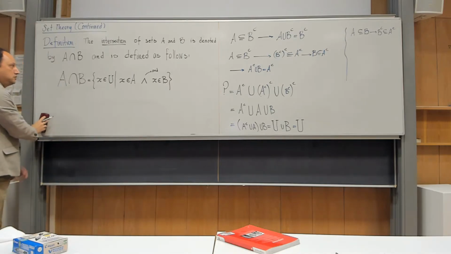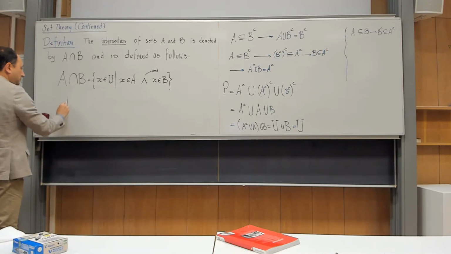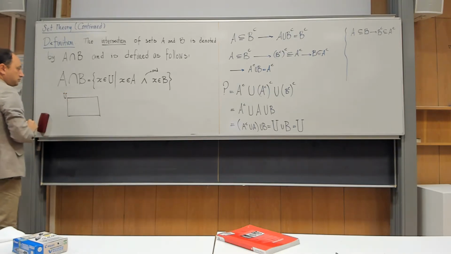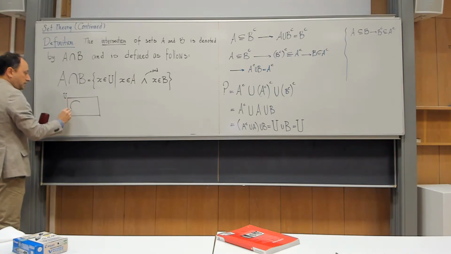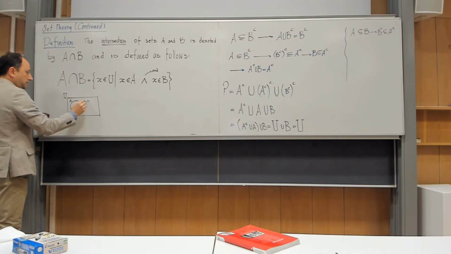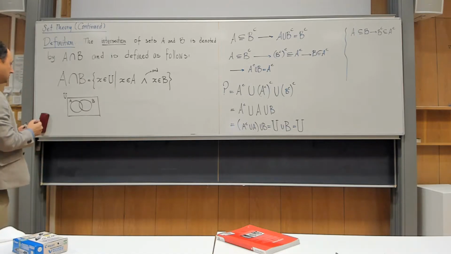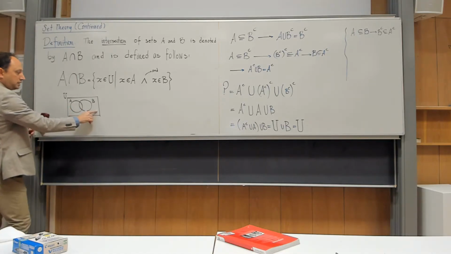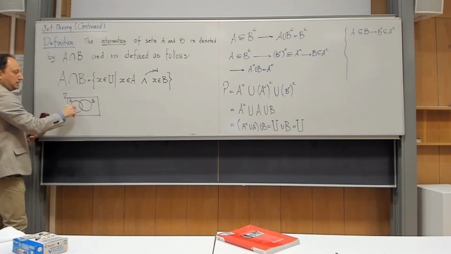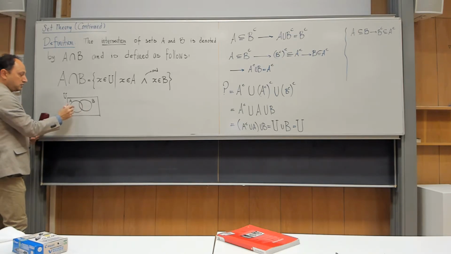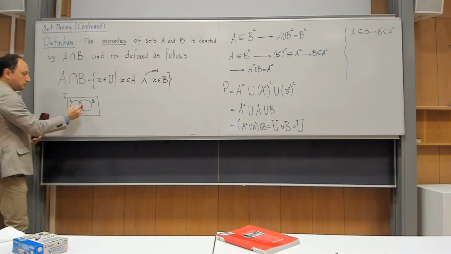If I want to give you a feeling by the Venn diagram, let me draw this rectangle to be the universal set, this one to be the set A, and this one to be the set B. This part, which lies in neither, is not a point in the intersection because it is neither in A nor in B. This one is not because it is in B but not in A. This point is not because it is in A, not in B. So the points that are in both A and B simultaneously are these points.